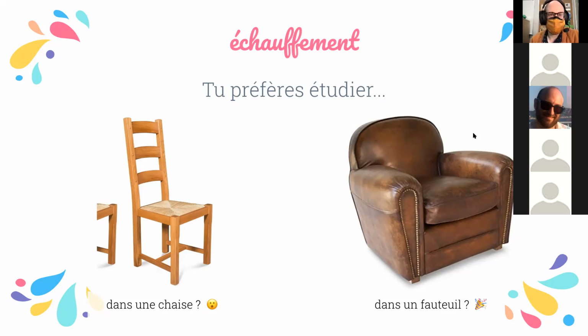Donc, c'est kiff-kiff. C'est moitié-moitié. 2 personnes préfèrent étudier dans une chaise, 2 personnes préfèrent étudier dans un fauteuil. D'accord. Un fauteuil est très confortable. Peut-être un peu trop confortable pour étudier. Un peu trop. Je m'endors. Ah, c'est tellement confortable. Hein, un fauteuil. Donc, je préfère une chaise, je pense.